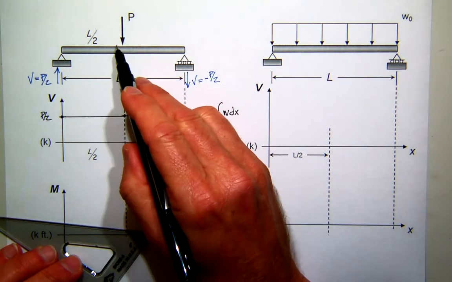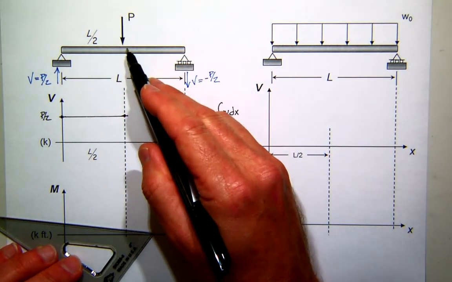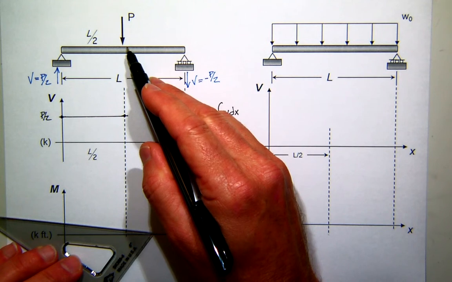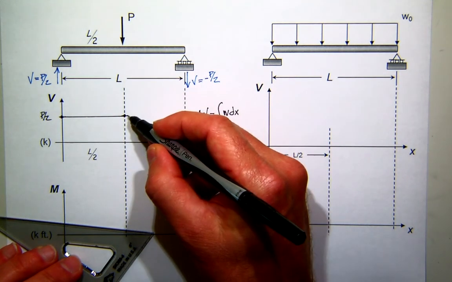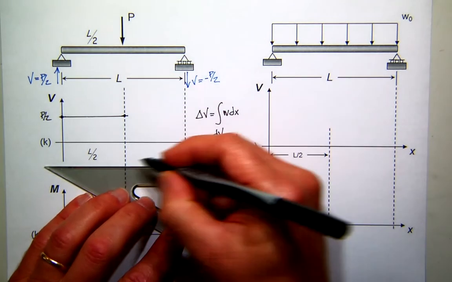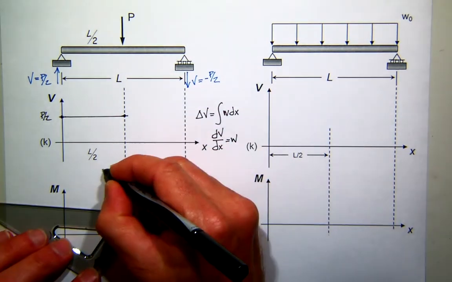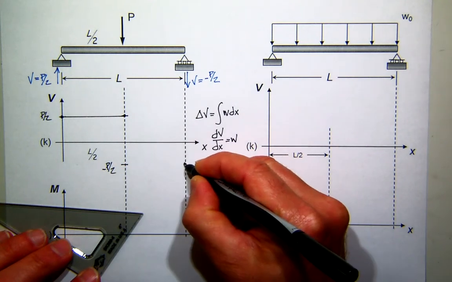Now, as we go from the left side to the right side, what should the change in shear be? P, and is it positive or negative? If I'm at P over 2, and I subtract P, what do I get? Negative P over 2. By the way, what should I hit on this side?